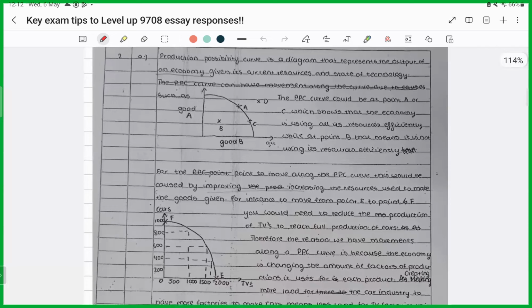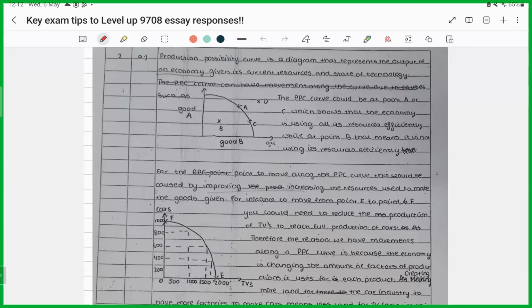All right, so the candidate began by writing that a PPC is a diagram that represents the output of an economy given its current resources and state of technology. Now, if we were to write the definition of a PPC, what we could have written is that a PPC is a graph of the combined maximum possible output of 2 products an economy can produce efficiently with the given amount of existing resources and technology.